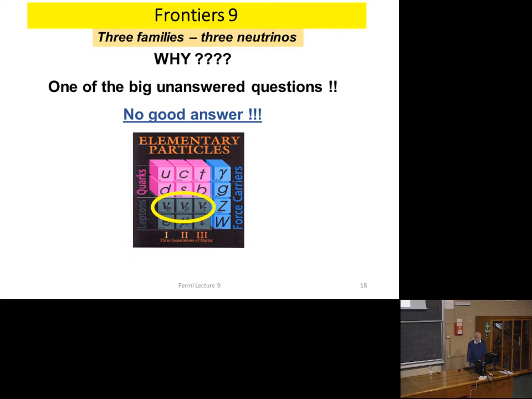Okay, so we have then the following situation that we now have seen in many different ways, now in this way as well, that we have this set of particles. These are the force carriers. These are different than these particles. This is just an indication of the electromagnetic, the weak, and the strong force, that we have three levels of matter particles that consist of what makes up matter.